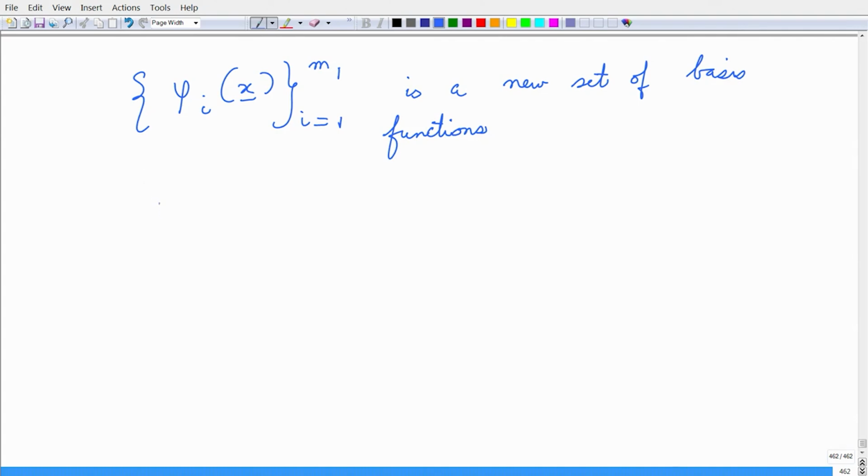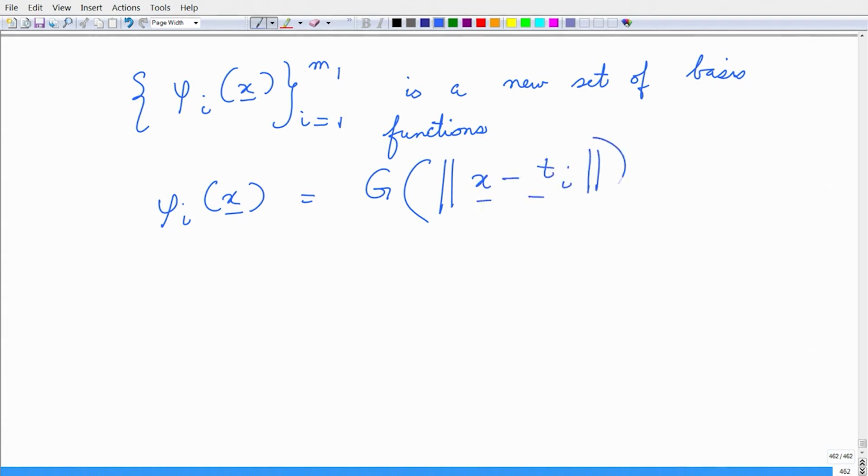We choose phi i of x to be g of x minus t i, where i goes from 1 to M1.